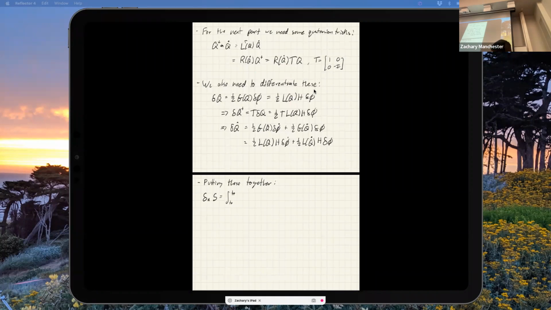So I'm going to just sketch this really quickly. L transpose times 2H transpose, and then you end up with delta Q dagger times Q dot plus Q dagger times delta Q dot. Then I can expand those out a little bit.